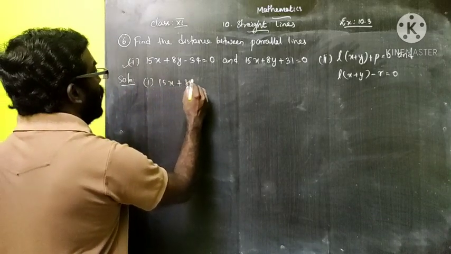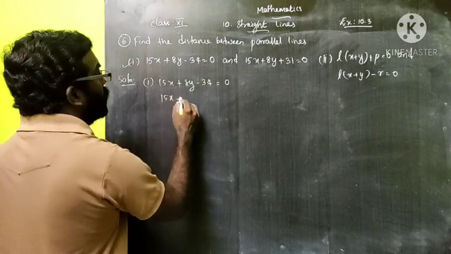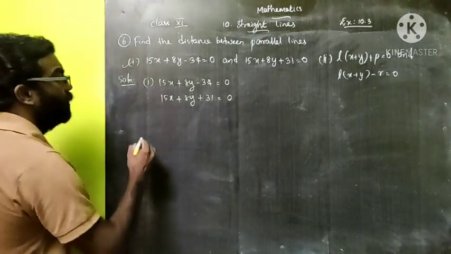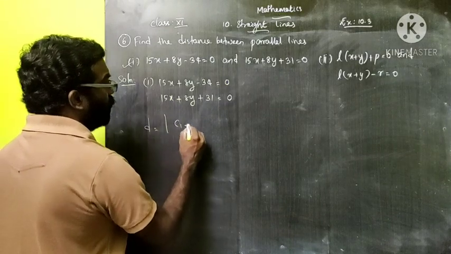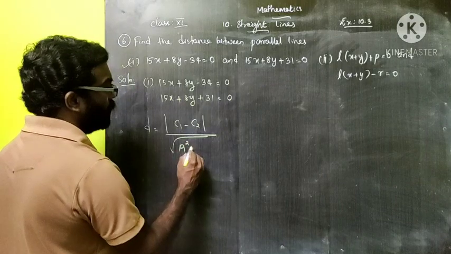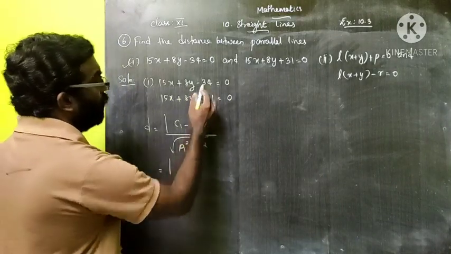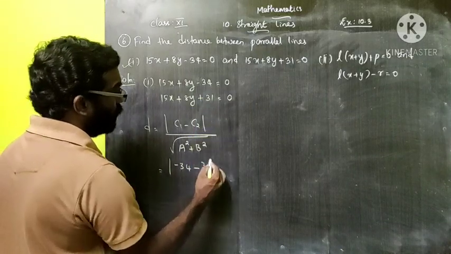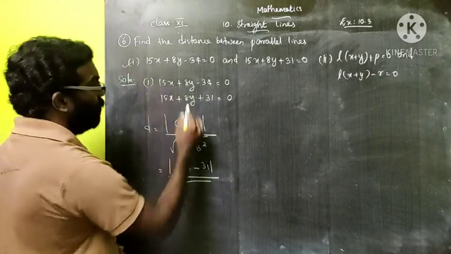15x plus 8y minus 34 is equal to 0, and 15x plus 8y plus 31 is equal to 0. d is equal to modulus of c1 minus c2 divided by root of a square plus b square. That is modulus of c1 is minus 34, then minus c2 is 31, divided by root of 15 square plus 8 square, where a is 15 and b is 8.